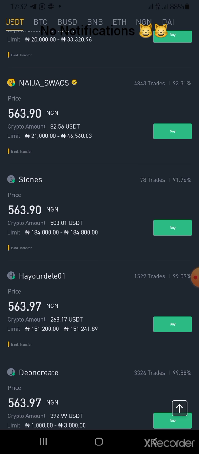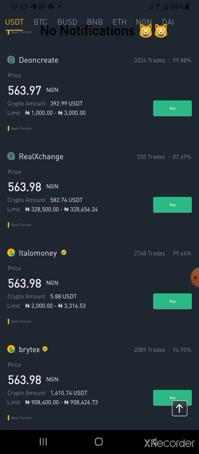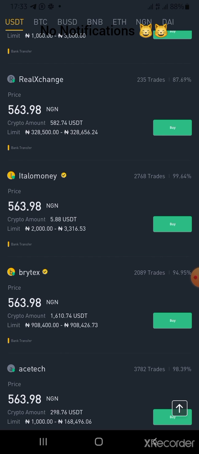And a disclaimer, please: when you are trading P2P, if you are sending money to any merchant, especially if you're new in this space, ever since the CBN ban, a lot of people have been careful, because a lot of accounts have been restricted just because they had some affiliation to do with crypto in one way or the other.